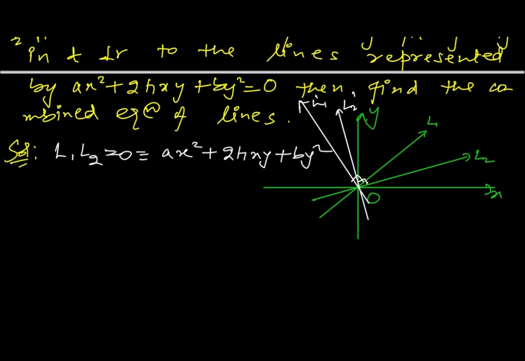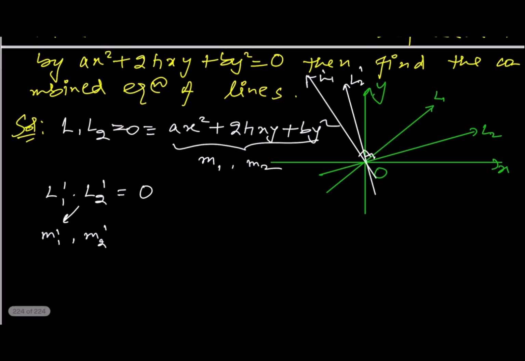Say the given lines have slopes m1 and m2. L1 dash into L2 dash is equal to 0 will have slopes m1 dash, which is minus 1 by m1, and minus 1 by m2.